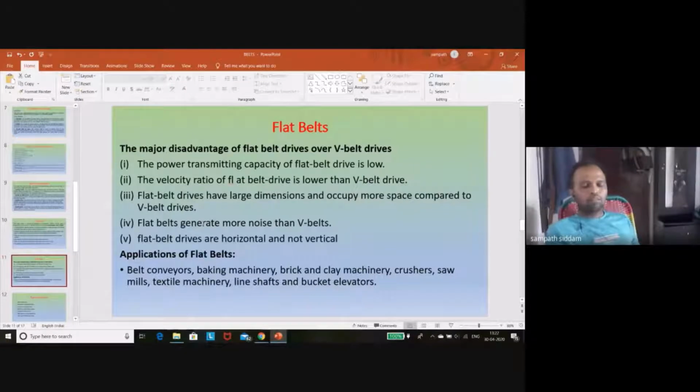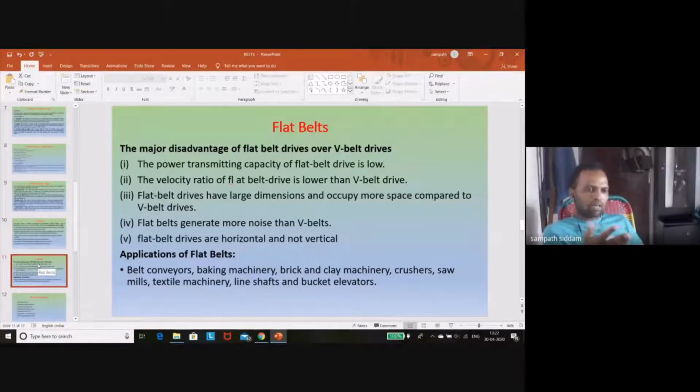You also have some disadvantages of flat belts over V belts that we are going to list out, because sometimes the question asked is what are the advantages and disadvantages of flat belts over V belts, so you need to list out all these points. The power transmission capacity of a flat belt drive is low, and in the case of a V belt it is higher.